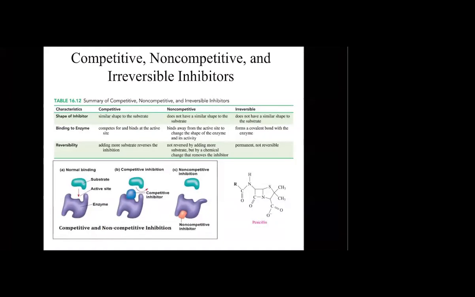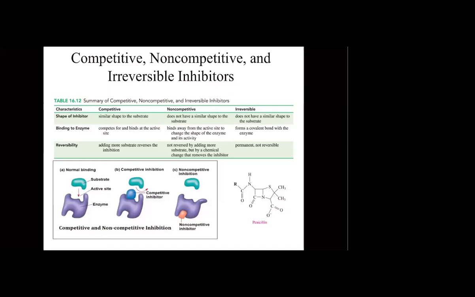That's why inhibitors are important in medicine. Now, there are different classes of inhibitors. In this course, we only compare 3 different inhibitors: a competitive inhibitor, a non-competitive inhibitor, and an irreversible inhibitor. Those are the only 3 that we're going to learn.